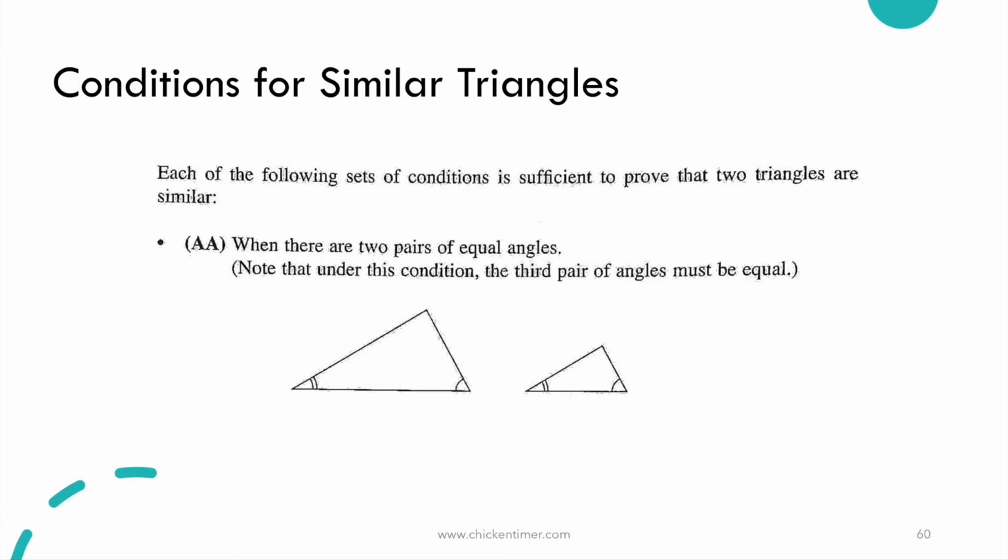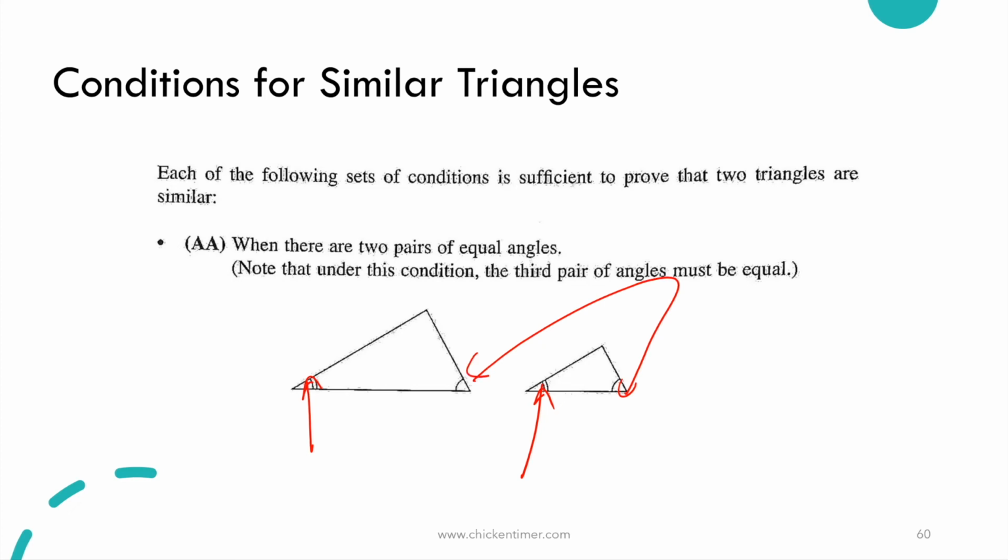So it looks like one triangle is an enlargement or a reduction of the other triangle. So you have the first condition, which is AA. What it means is you have to show that in the two triangles there must be two corresponding angles that are the same. So in this case, this is the same as this, and these two angles are the same.